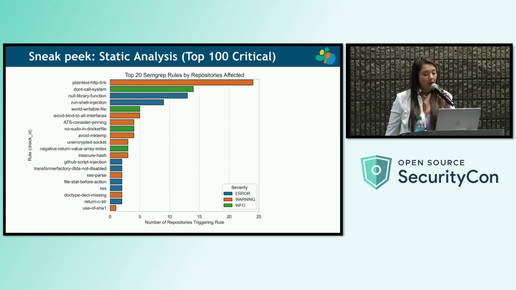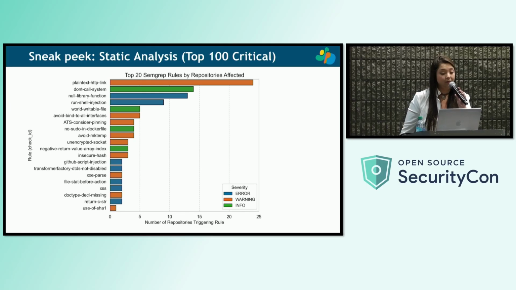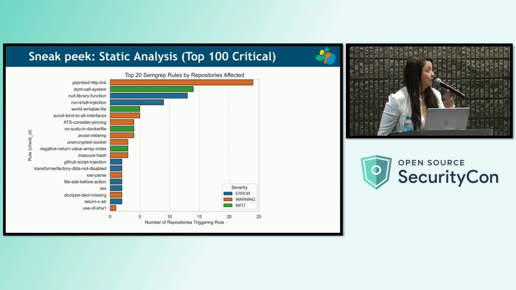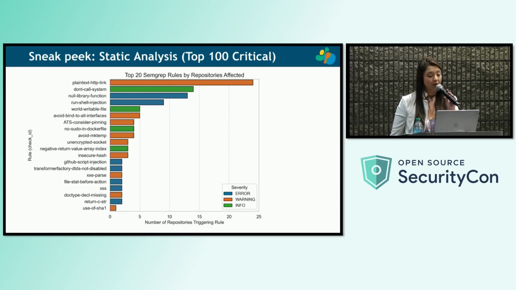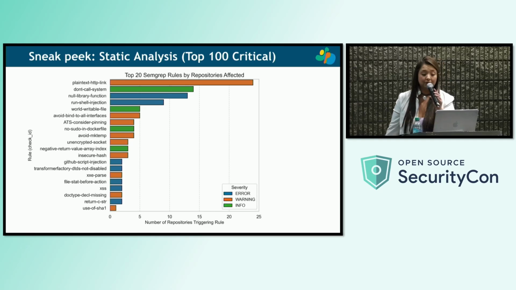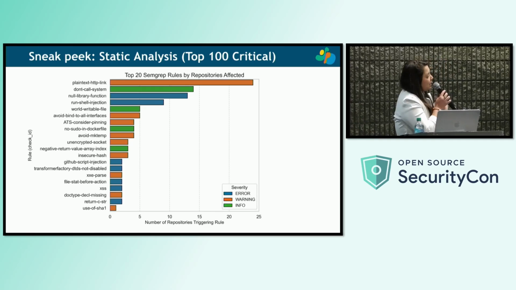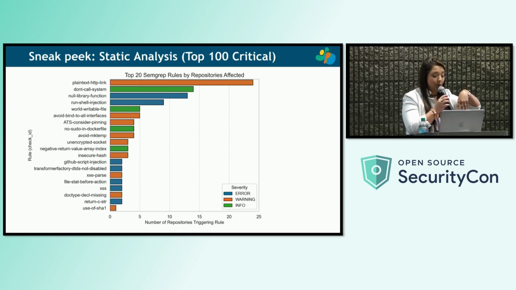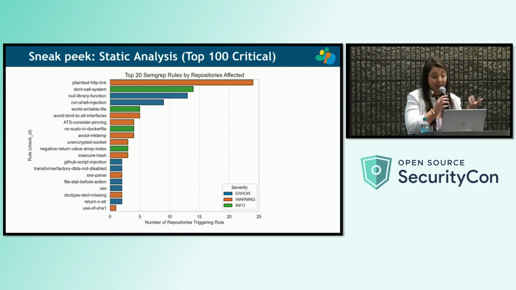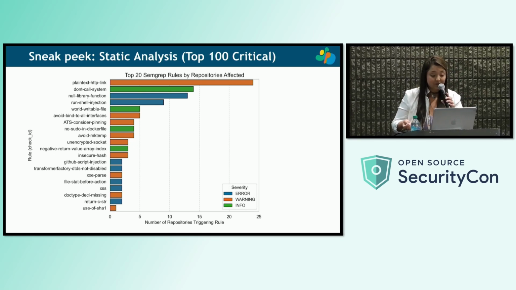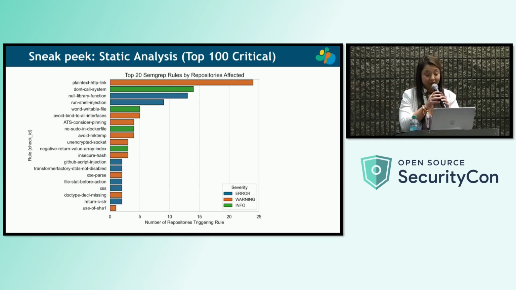It turns out that if you run Semgrep on 100 projects, you get more than 2,000 triggered rules. That's bad, right? Then I grouped them by the rules, so I didn't have 2,000 from each of them.